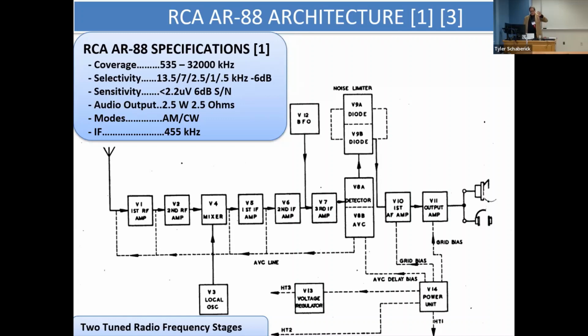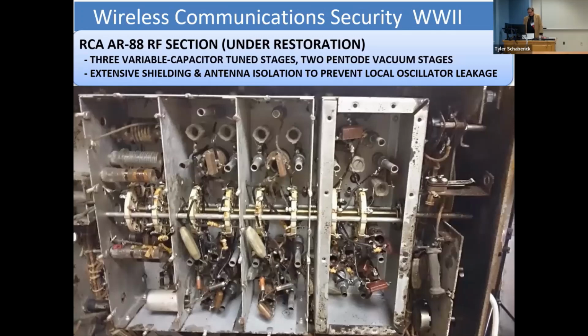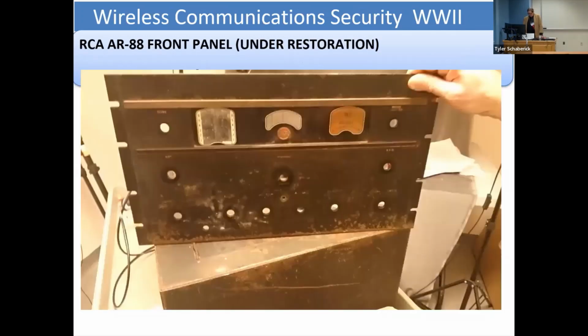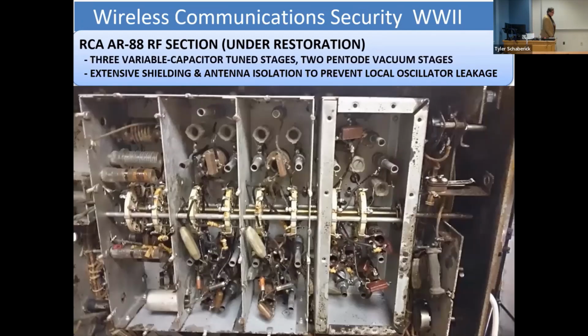So for my students, I said, I want you to go in and simulate the circuit. I gave them the actual circuit to simulate at TCNJ. The one thing you notice is the RF section. It's got multiple shields, each section shielded. In those days, the Germans could detect someone monitoring by looking at the local oscillator.